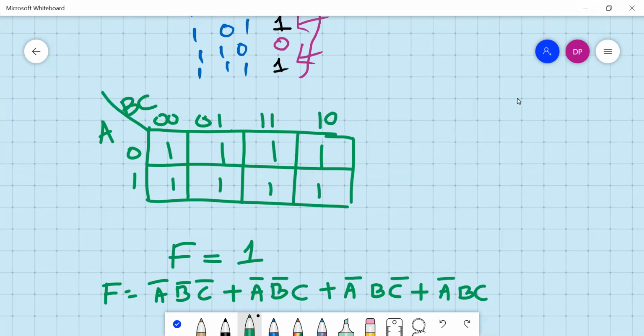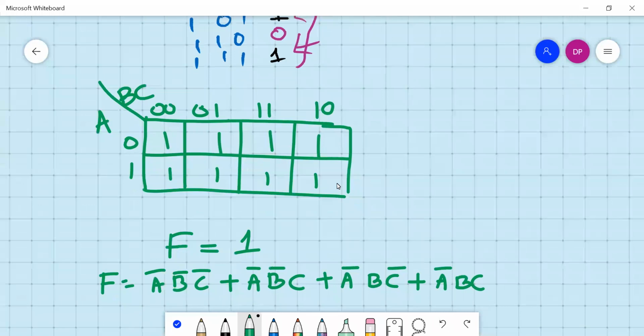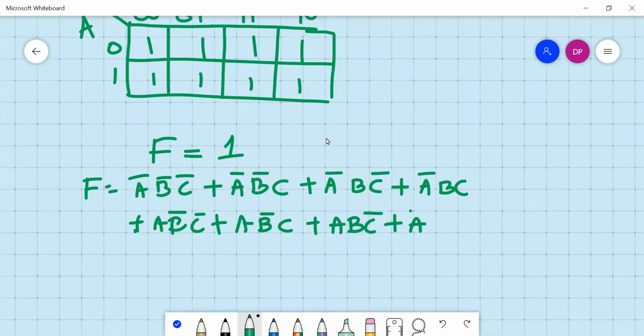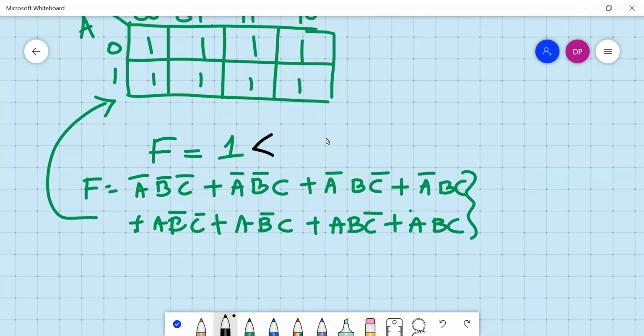So if you have this type of expression, all values are 1, plus A complement BC plus A B complement C complement, A B complement C plus A B C complement plus A B C. If this is the expression given, then we will be getting this K map. So this is the minimized expression.